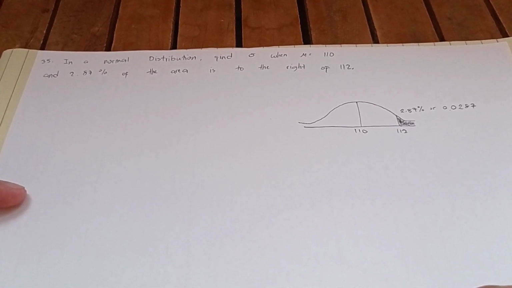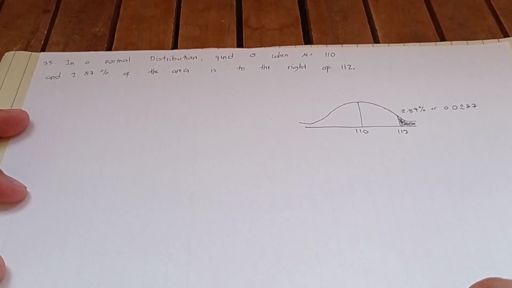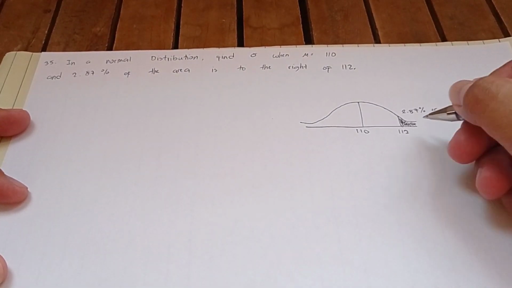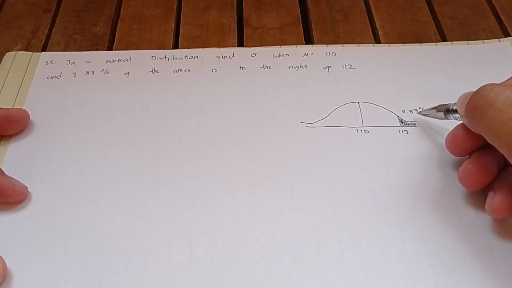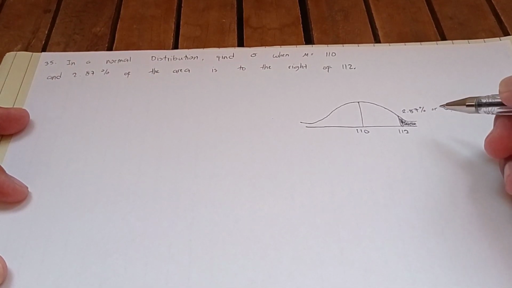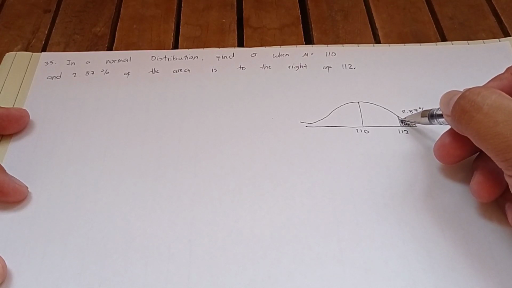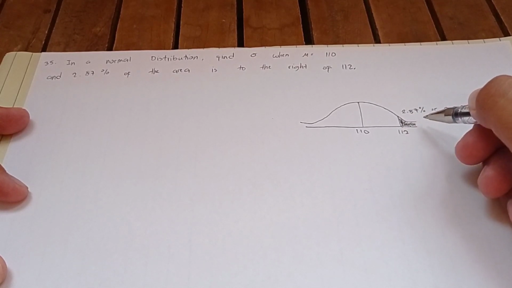So I've already graphed the normal distribution and it should look like this. The 2.87% or 0.0287 lies to the right of 112. So it's all about this area.